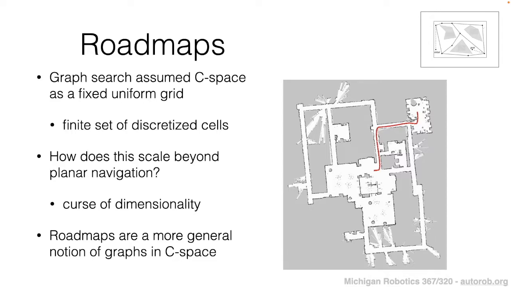The advantage is that when we scale our search beyond planar navigation, pure graph-based data structures that are not roadmaps will suffer from the curse of dimensionality, because the number of vertices required to represent those larger spaces grows exponentially, whereas roadmaps can remain much sparser in terms of the number of nodes needed to cover configuration space, and can therefore alleviate some of the challenge in those higher dimensional planning spaces. As a result, we can think of roadmaps as a more general notion of graphs that are defined over configuration space of our robot.